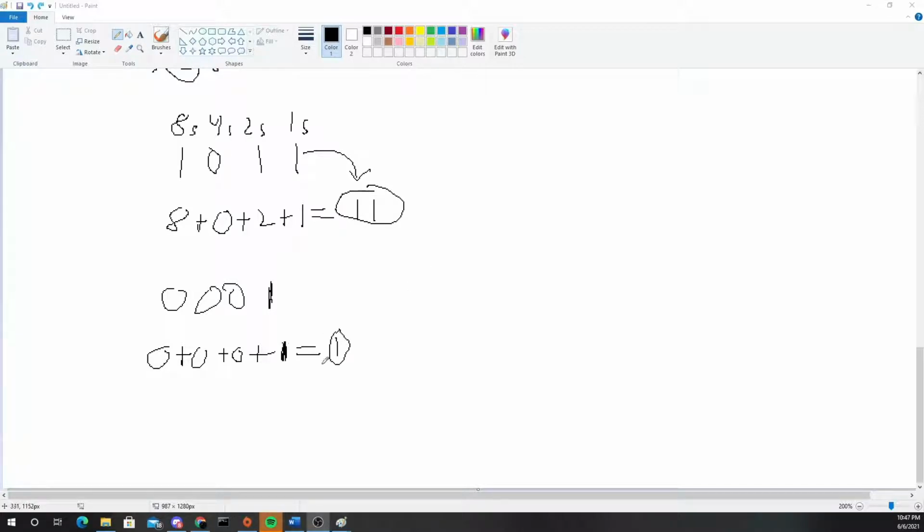And again, the reason we have 1 here is because the only digit that was a 1, not a 0, was our ones place. In our ones place, we have a quantity of 1. And then in the 8's, 4's, and 2's place, we add 0, so we don't add anything. Only when you see a 1 do you add the value of the place, which in this case was our ones column, so that's why we added 1 and got the value of 1.